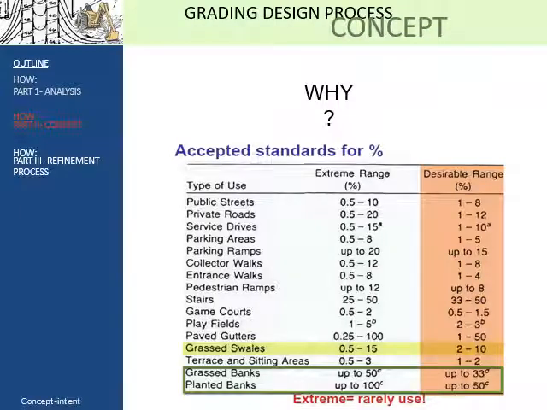You also know what are acceptable percentages for many different types of surfaces. So for example, if you're talking about a driveway, you're talking about a range that might be around 0.5 to 10% slope. That's pretty well known that you can always start with.